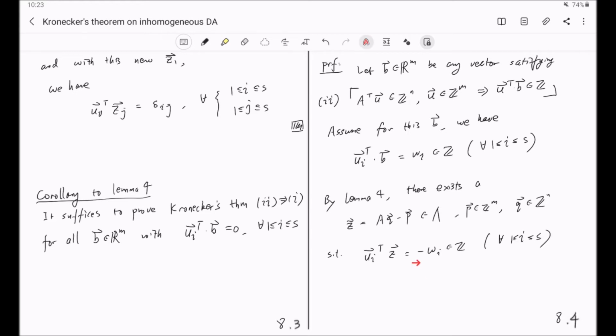Actually, it doesn't matter if you put the plus sign in here. We use the minus sign so that the format of the defining approximation will coincide with the statement of the Kronecker's theorem.